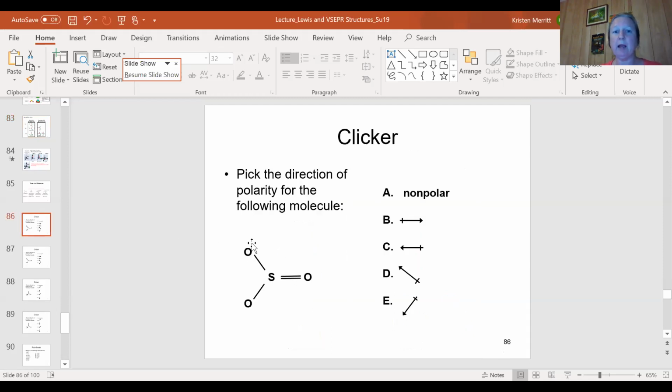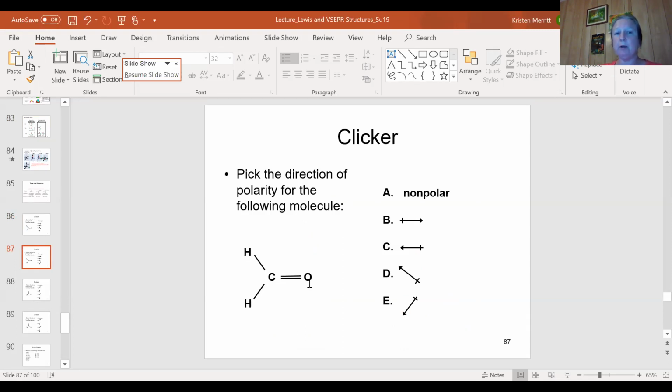I'm getting caught up with the double bond because there's a part of my brain that wants to delve into that deeper, but we'll just keep it simple. This is nonpolar because it has 3 oxygens in equal spacing around the sulfur. All right, now what about this one though? We have a trigonal planar again. We have an AX3.